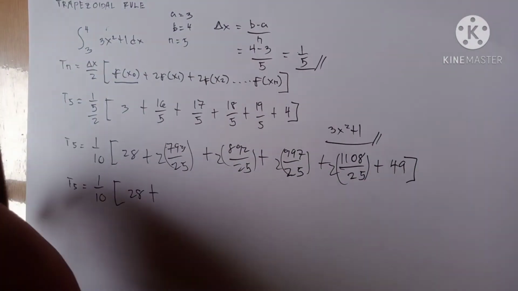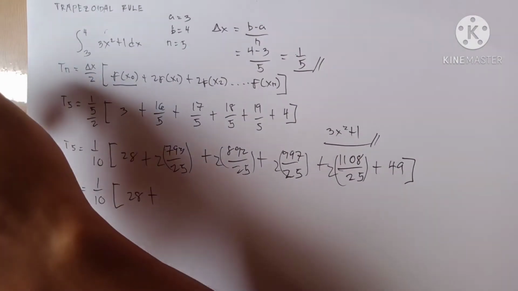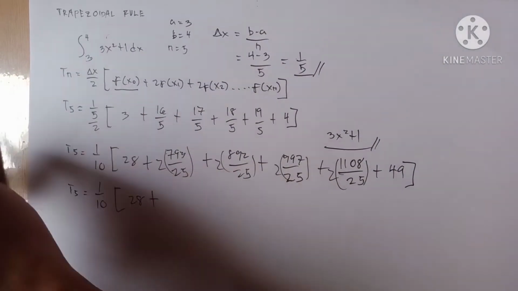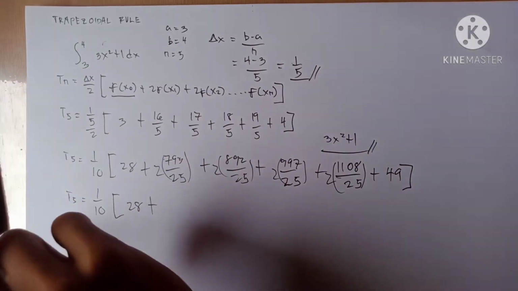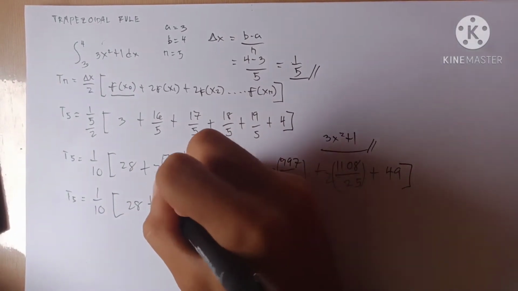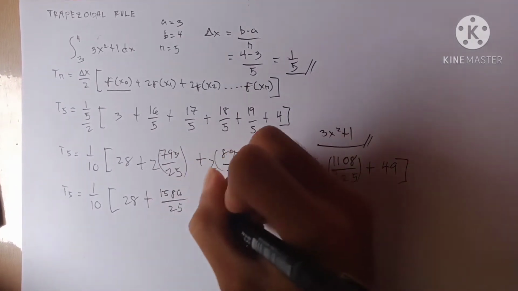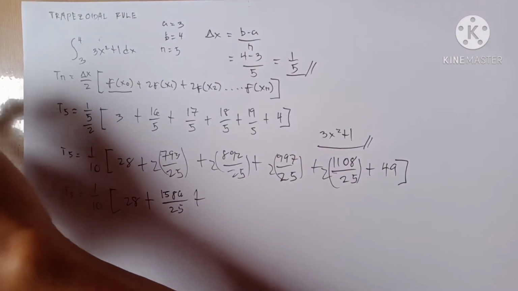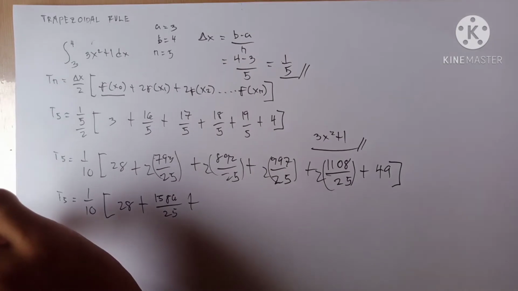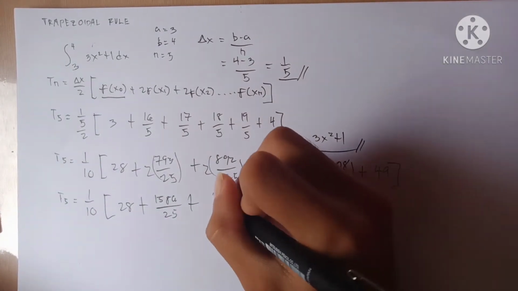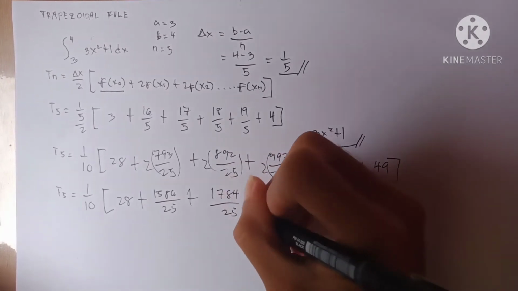Multiply the 2 by 793 over 25 equals 1586 all over 25, plus then the next is 892 over 25. We have 1784 over 25.